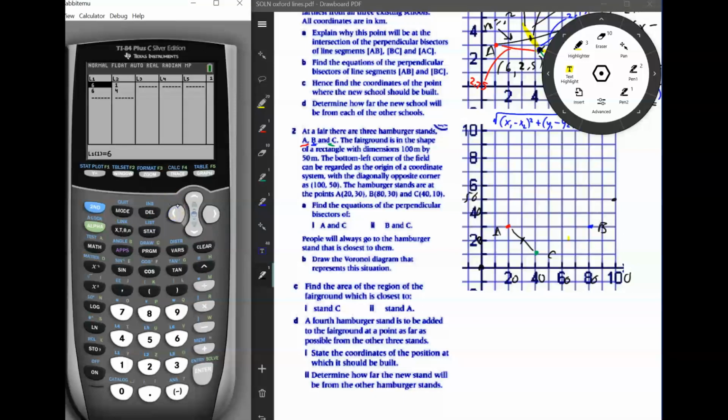So remember, A is 20, 30, and C is 40, 10. So I'm going to put 20, 30, and then the other one is 40, 10.